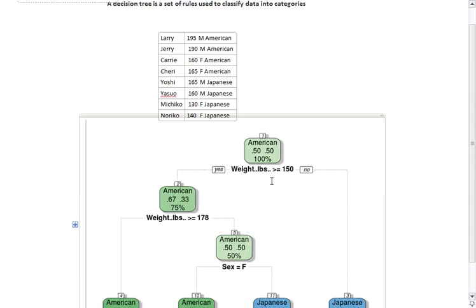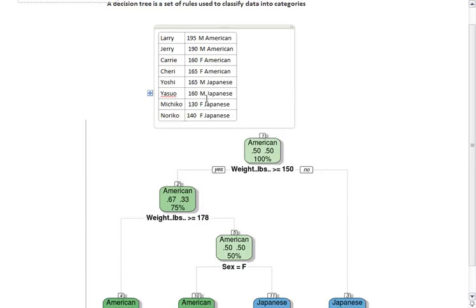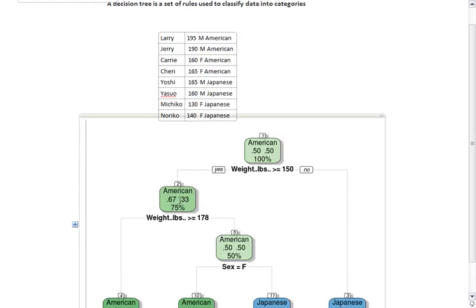25%. Now if you see the weight is greater than 150, yes, so you see that there are observations here. How many Americans are there? 195, 190, 160, 165. These are the observations, and two are Japanese here, 165 and 160. So 75% of the data here is American.